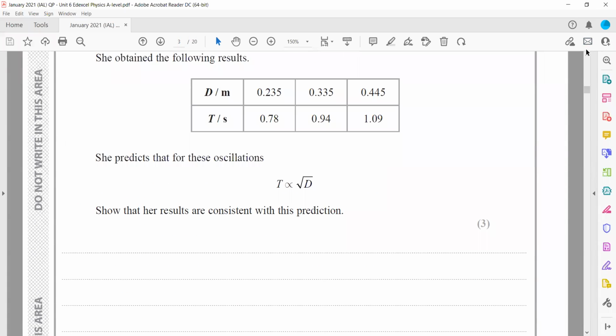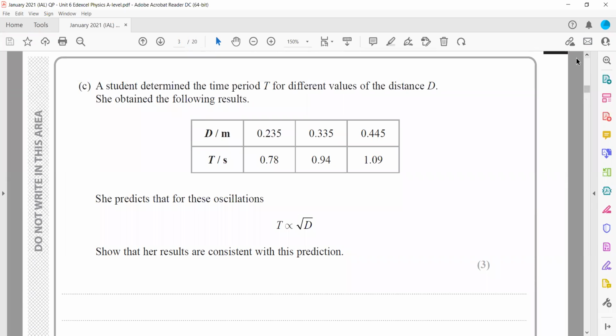Then a student determines the time period for different values. Normally a spirit level is used for surfaces, for example a floor, to check that it is horizontal. If you place the spirit level over the meter rule, the rule might become tilted because of the weight of the spirit level.